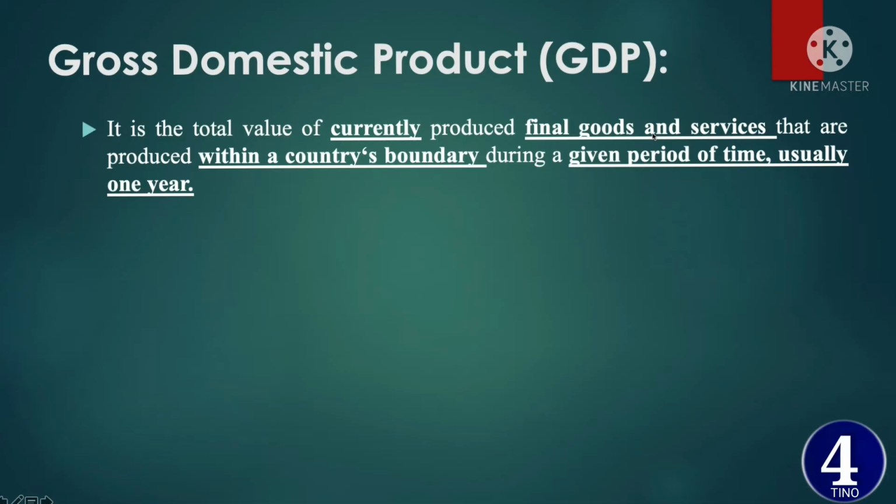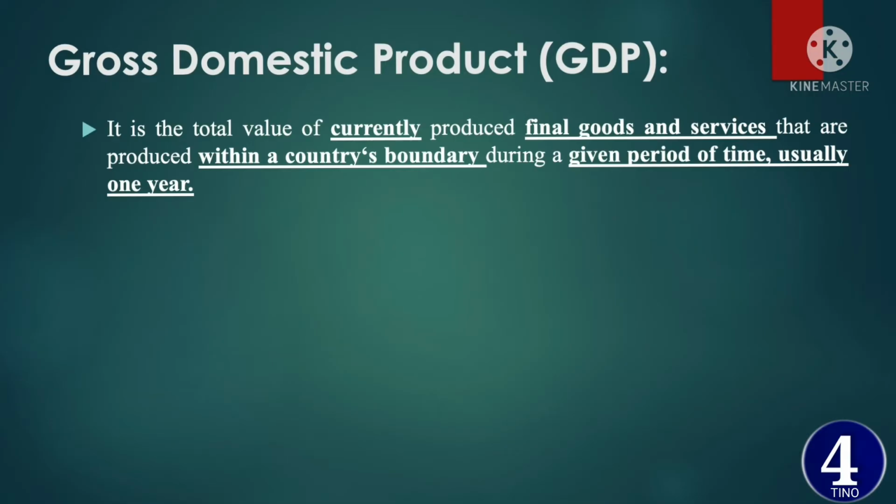When we say final goods and services, for example, in the production of vehicles, the final product is a car, right? So we have to count the number of cars that the given country produced. We don't have to count tires.